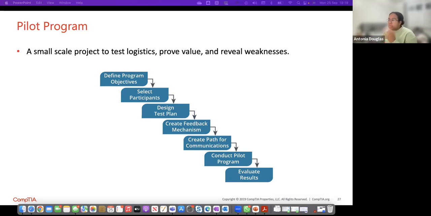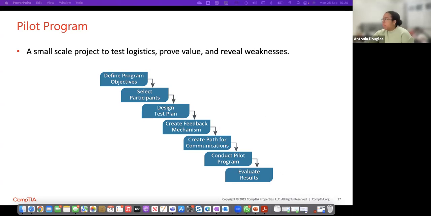You don't mind risking or investing some financial aspects into it, but you don't want it to be an overburden cost to the organization. And you might want to follow these specific steps. Objectives, participants, test plan, mechanism.